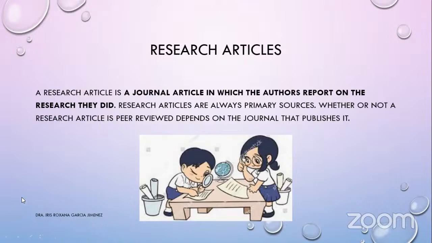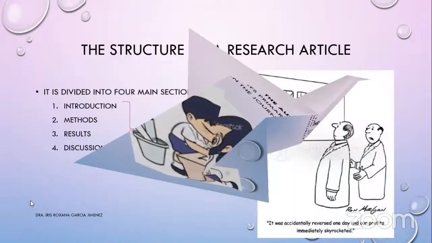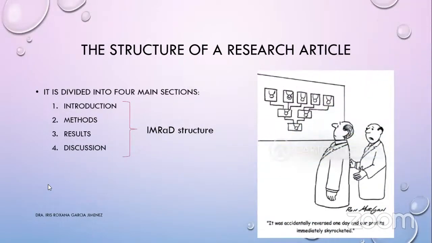And there are steps to be checked and reviewed. The structure of a research article is the IMRAD structure: Introduction, Methods, Results, and Discussion. According to these four sections, they have the general organization of a good research article.